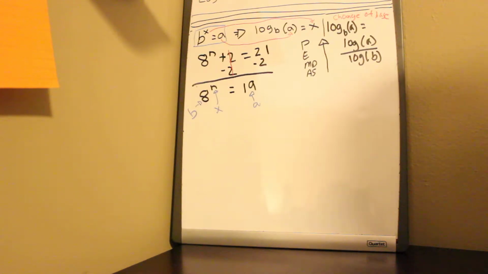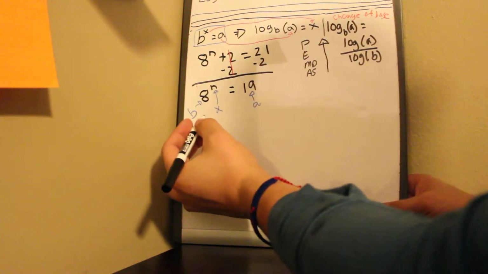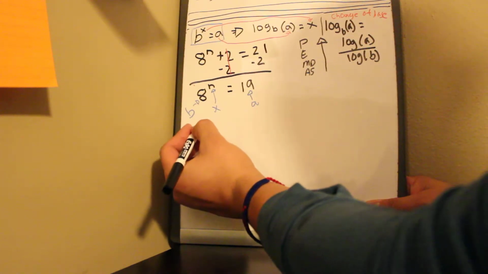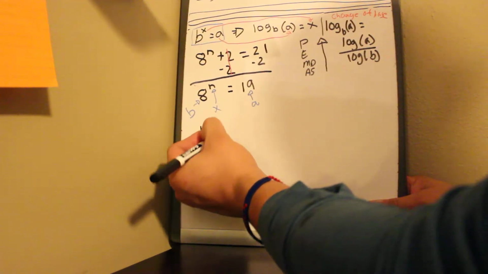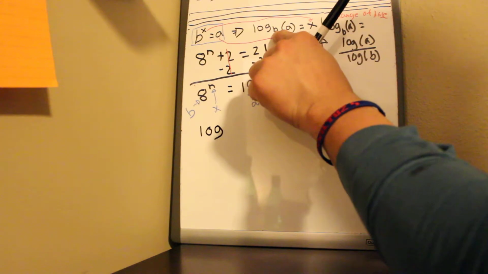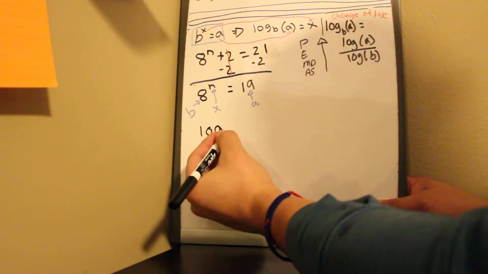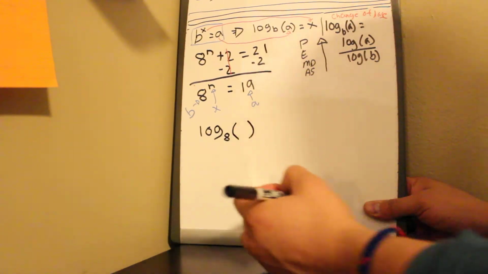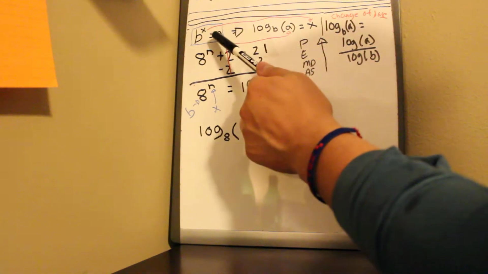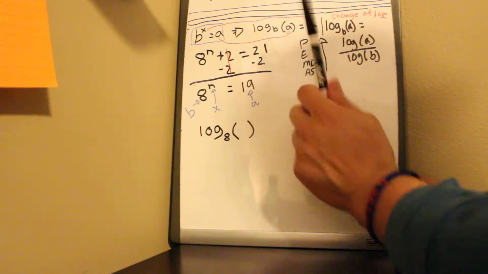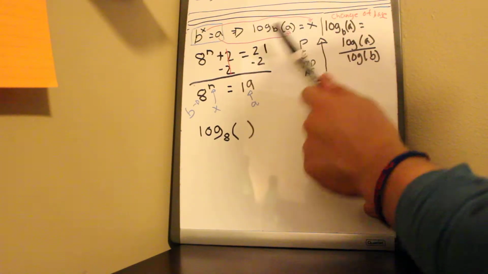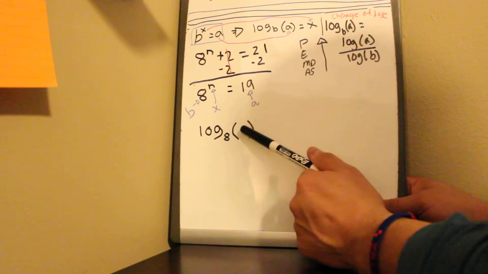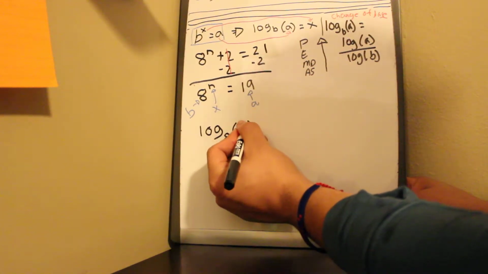So what I want to do is write down below log, and our base is 8. Now remember, our output becomes our input, so when we look at this value a, our output is 19, so that will become our input.